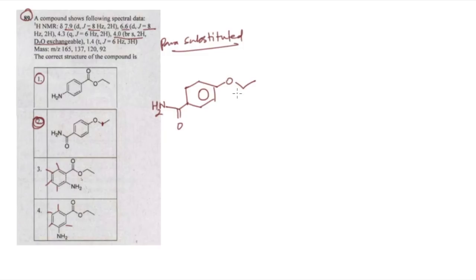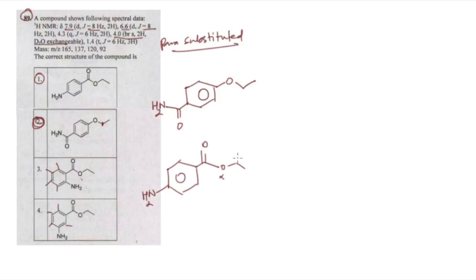This is my option number 2, and this is my option number 1, where I have NH2, C double bond O, and then this. Now I can say that in option number 1 I have a gamma proton, which can be seen over here.